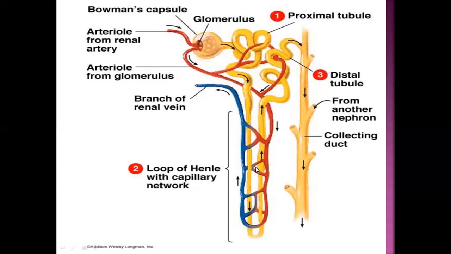After that, the loop of Henle has another network of capillaries, called the vasa recta. So there are three sections of capillaries: glomerulus, peritubular capillaries, and vasa recta.